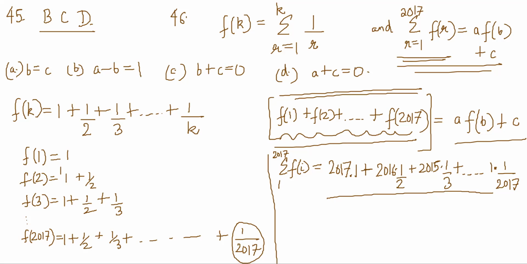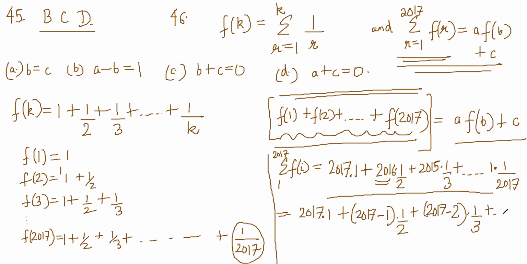Don't go to the next page yet. 2017 into 1 plus, this can be written as 2017 minus 1 into half, and this as 2017 minus 2 into 1 by 3, and so on. The last term will be written as 2017 minus 2016 into 1 by 2017.